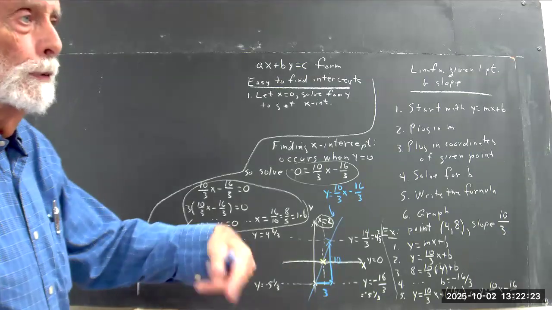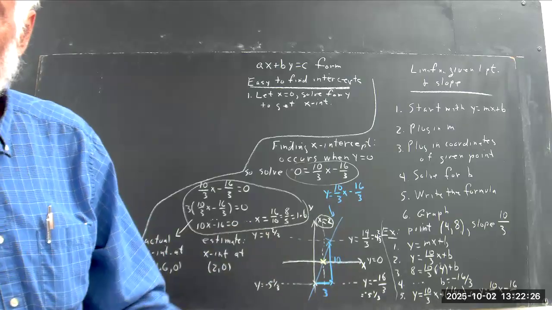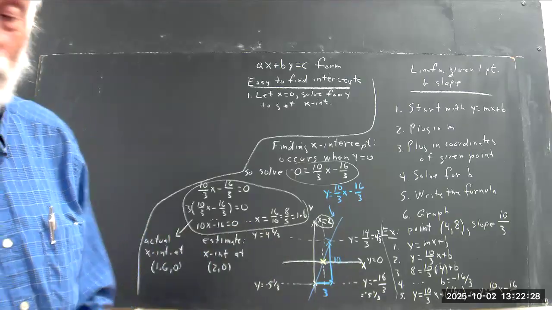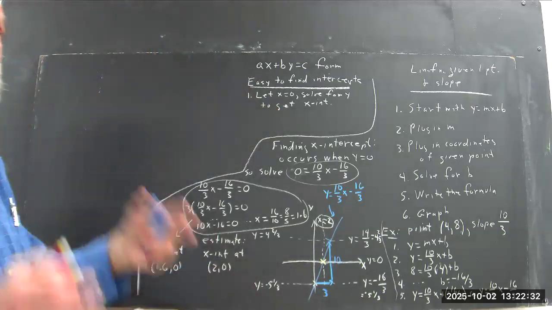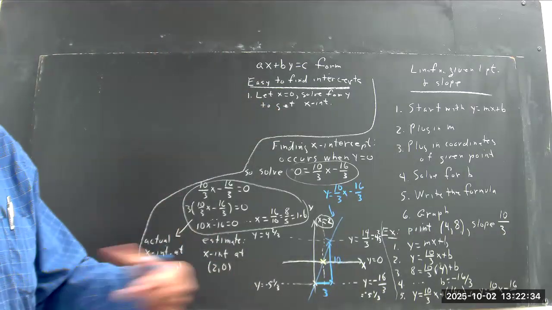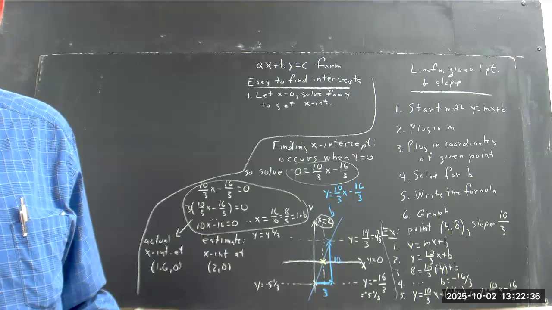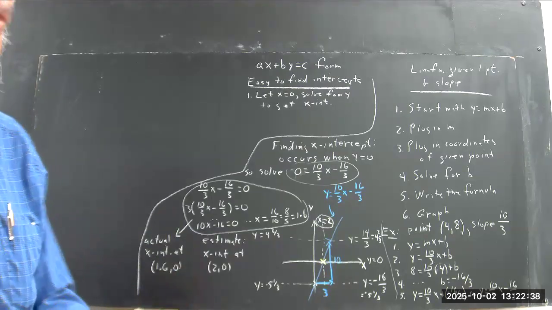Because you're going to have to do that for more complicated functions all through the course, okay? You've always got to know how to get the y-intercept. You might not know how to solve the equation because sometimes it's one you just can't solve. But you've got to be able to write the equation.